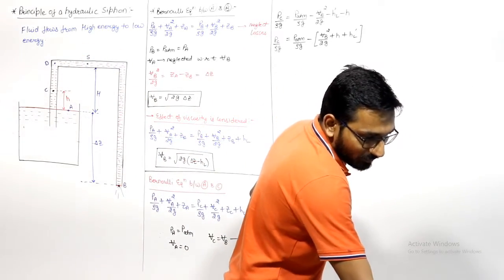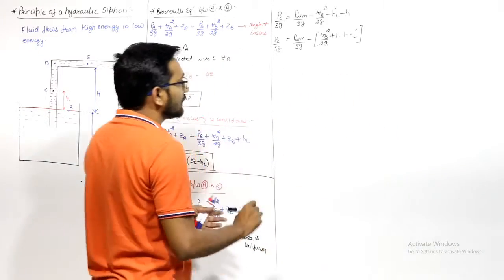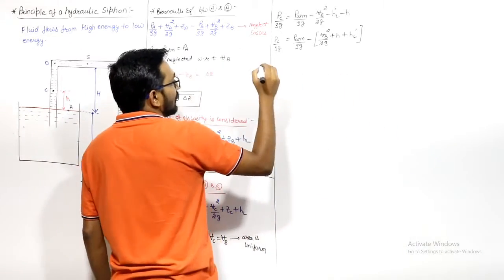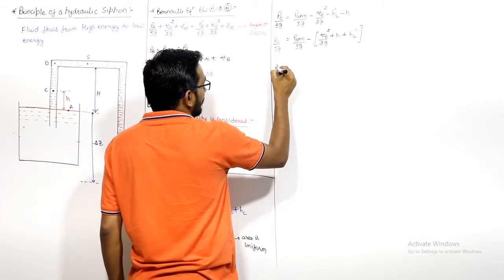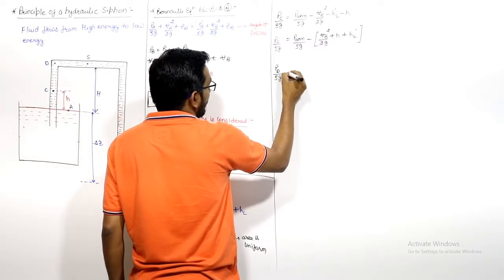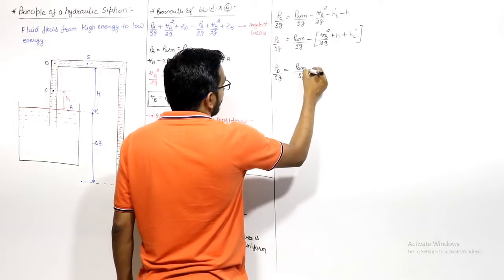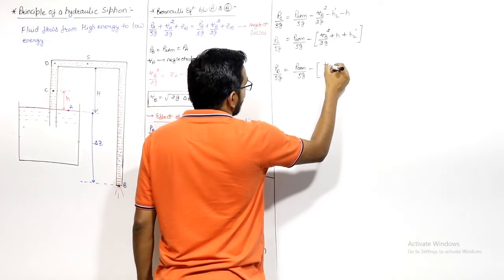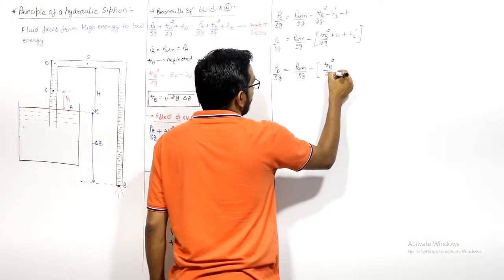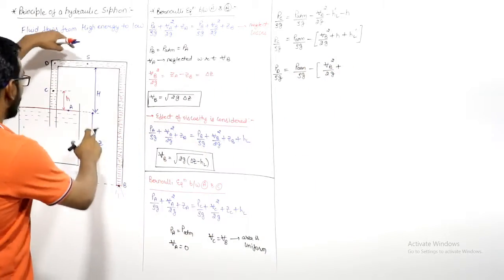So if I write the Bernoulli equation, if you see what is the pressure at point D, then the pressure at point D will be PD by rho g is equal to P atm by rho g minus, velocity is the same. I take velocity as the same because of uniform area, plus now this difference is capital H, right?